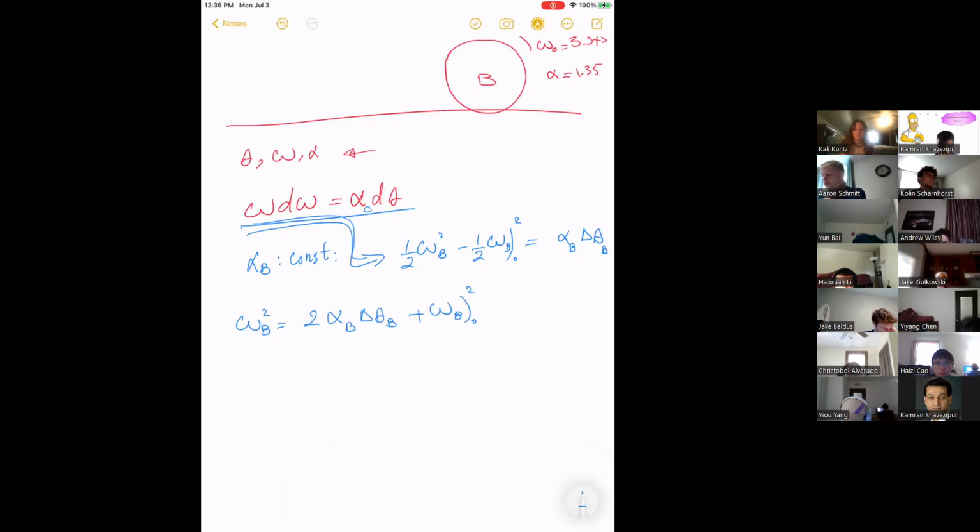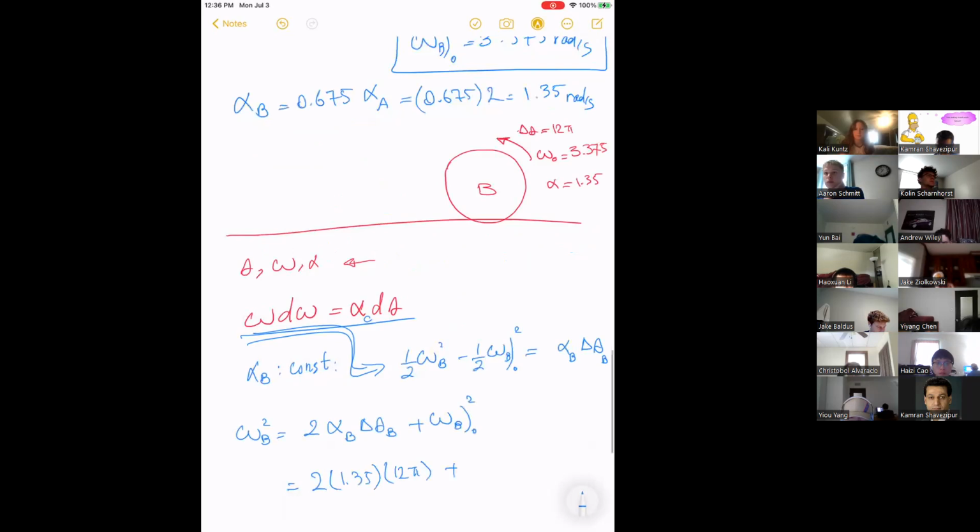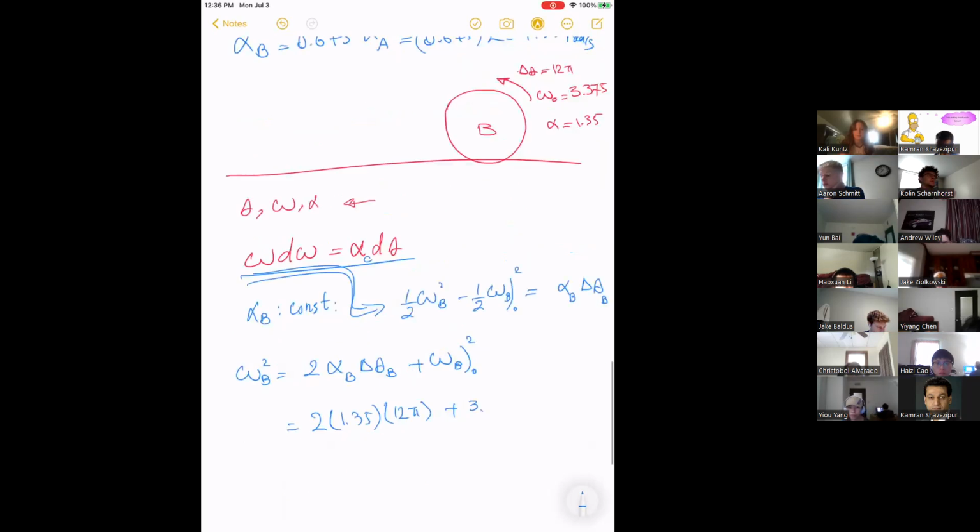If you substitute the numbers, 2 times 1.35 times 12 pi plus 3.375 squared, this is going to be 113.18.